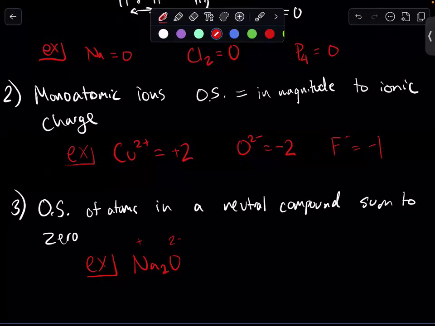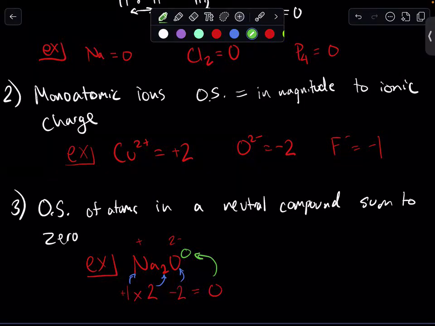Therefore, their oxidation states would be +1 and -2. We have 2 sodiums. So if we pull where these come from, this whole thing is going to sum to 0, the overall charge of the compound. So the charge of the compound is equivalent to the sum of the oxidation states, and that sum will always be 0 in a neutral compound.